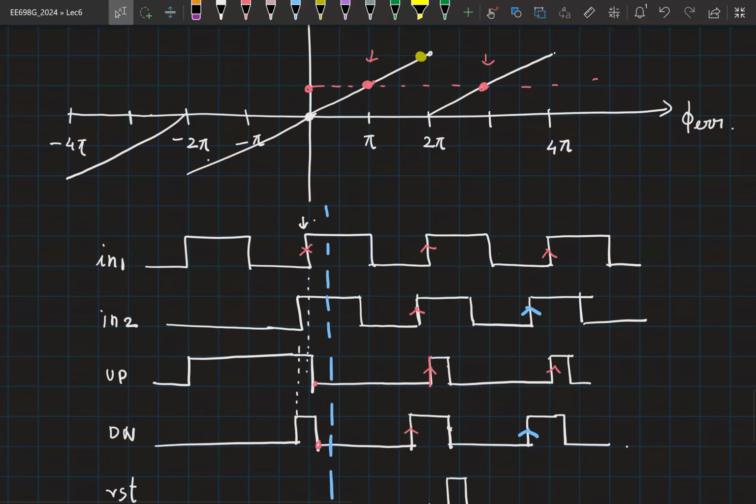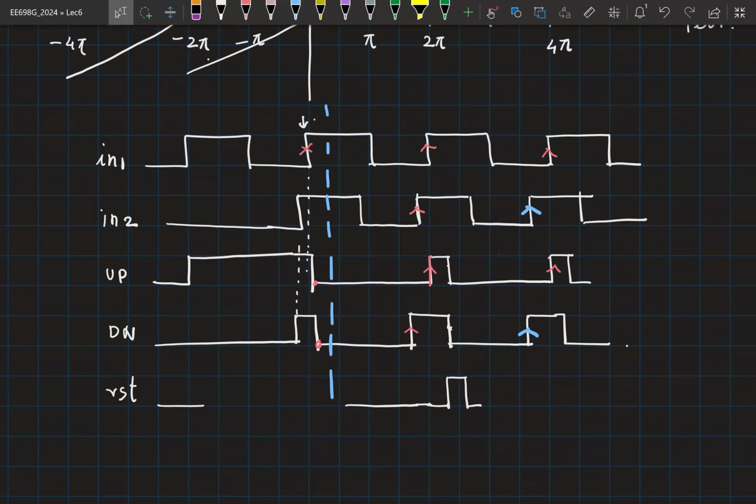So what that changes, you can sketch it. Second edge of in1 and first edge of in2, correct. Instead of recognizing that in2 is lagging in1, your PFD is now incorrectly measuring it as in2 is leading in1.